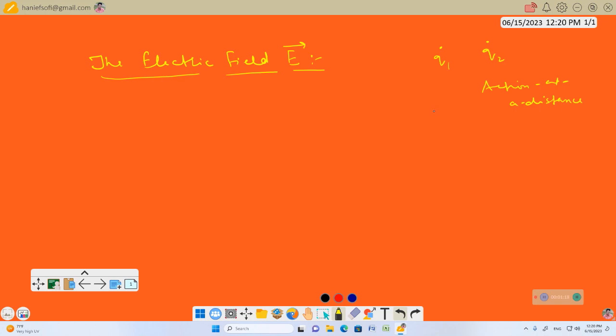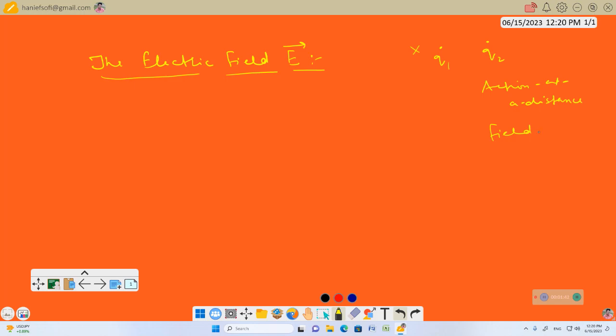Then we discussed there is an issue with this idea. The issue is its clash with the special theory of relativity, which says that the speed of light c in vacuum is the speed limit of the universe. So we discard this idea and introduce the idea of field.